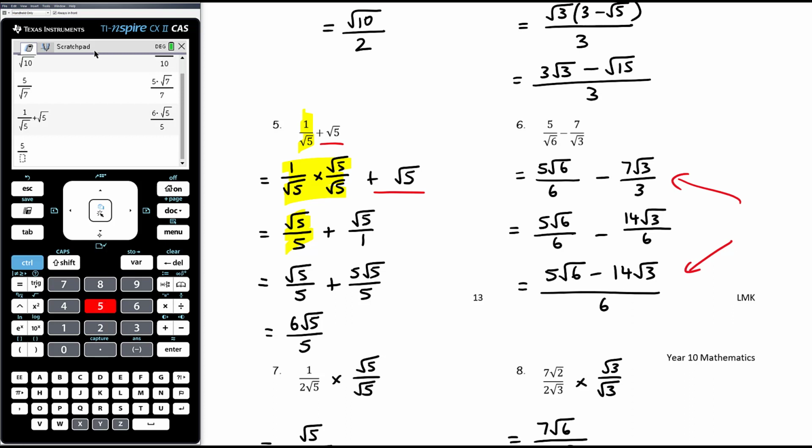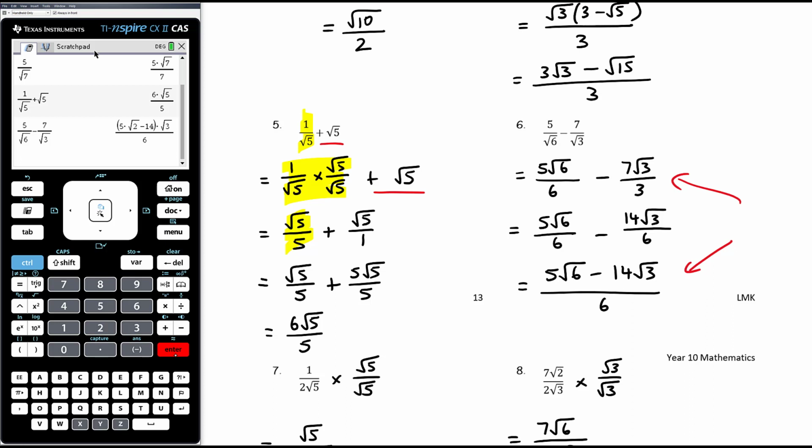So 5 on root 6 minus 7 on root 3. Let's see what we get. All good. Now it has done some uglier factorisation. The CAS loves to factorise when factorisation is not necessary. It is the same thing.